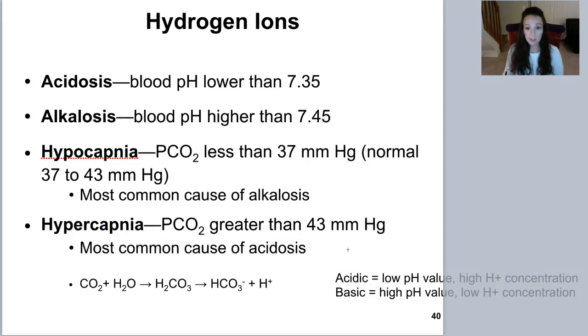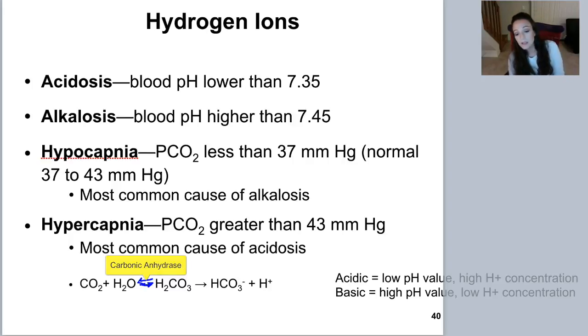One thing I forgot to mention earlier is that there's an enzyme that actually catalyzes this step right here, where carbon dioxide and water join to form carbonic acid, or the reverse, where carbonic acid splits apart to form carbon dioxide and water. There's an enzyme that catalyzes both of these reactions, and that enzyme is called carbonic anhydrase. This enzyme speeds up the reaction.